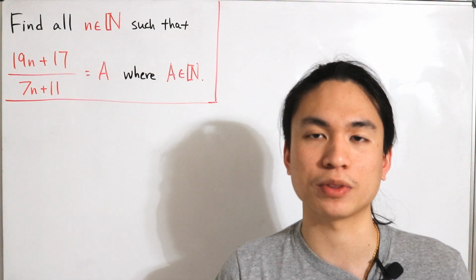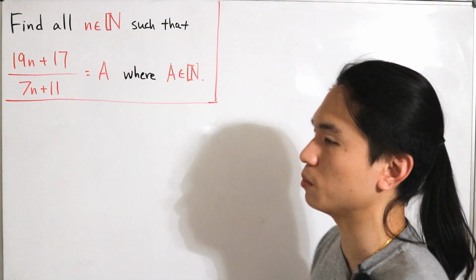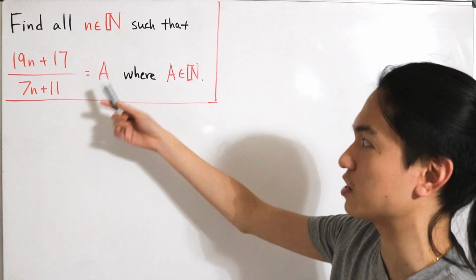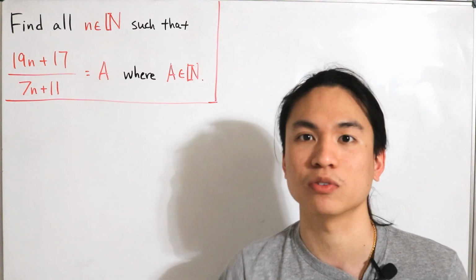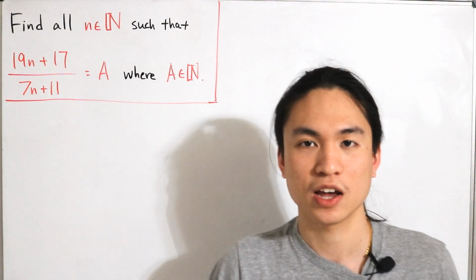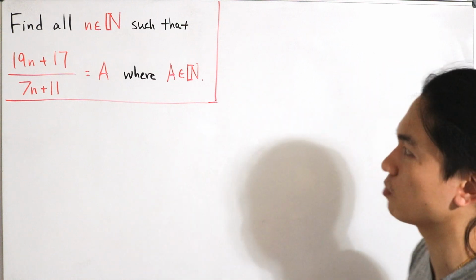You'll see where I'm coming from with this. A little bit of algebra will go a long way, and then eventually we're just going to do a little bit of observation to see what natural numbers satisfy the resulting expression, without having to plug in every single natural number, because that would take forever. So let's jump right in.